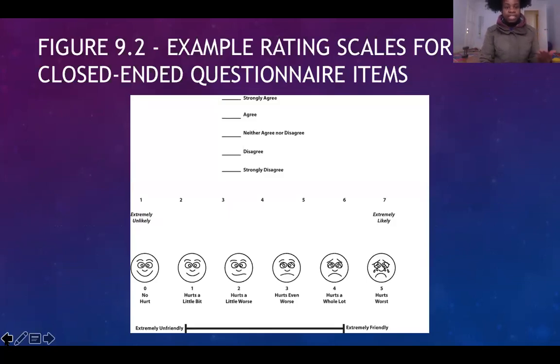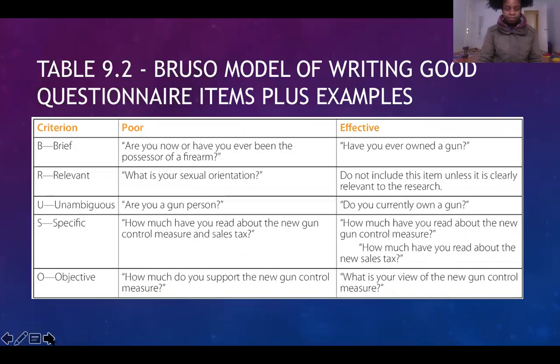Okay, so this is shown in figure 9.2. So here is an example of a rating scale for closed-ended questionnaire items. Okay, so pause here and definitely take a look at this.